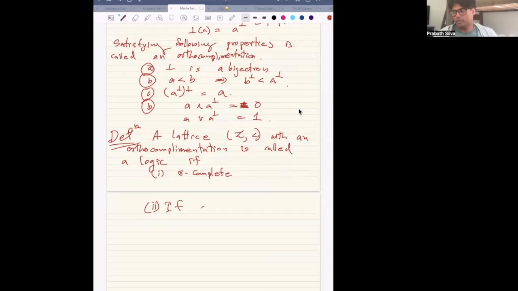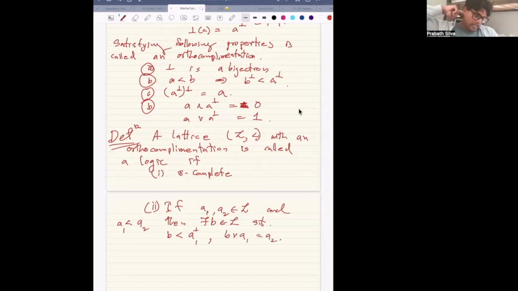If we have two elements A1 and A2 in L, and A1 is less than A2, then there exists a B in L such that B is less than A1 perp, and B union A1 is A2.